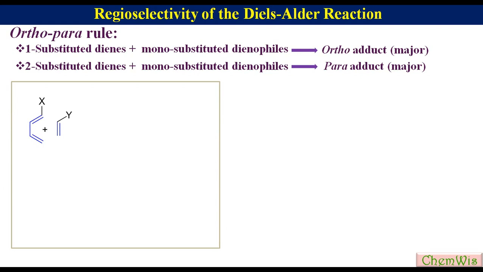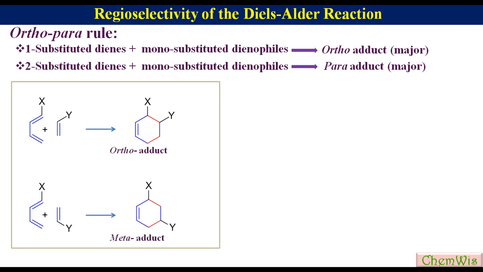Orientation of diene and dienophile like this will give ortho adduct, while orientation of diene and dienophile like this will give meta adduct. According to the ortho-para rule, ortho adduct will be the major, while meta adduct will be minor.